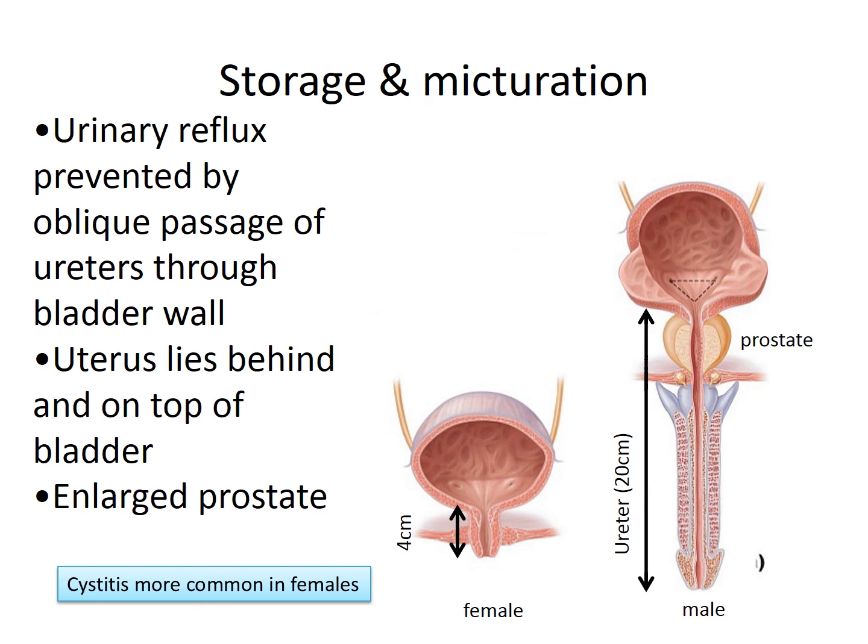I mentioned in the previous slide that the ureters enter the bladder obliquely and have their ends squashed by the bladder muscle, but it isn't a perfect seal. It's not a one-way valve, and so if the amount of urine in the bladder increases sufficiently, the urine can get pushed back into the ureters.